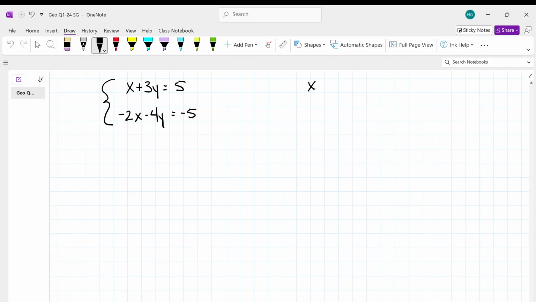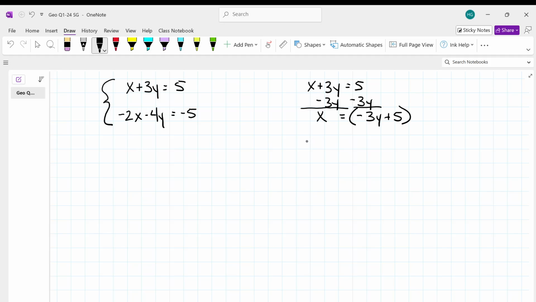So if we take x plus 3y equals 5 and subtract the 3y from each side, we get an x that's equal to negative 3y plus 5. We take that negative 3y plus 5, go to the other equation, and substitute it for x.